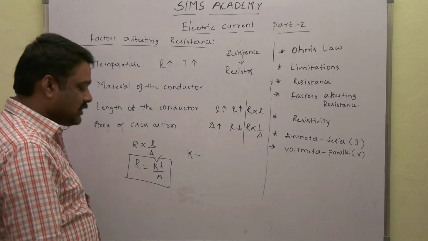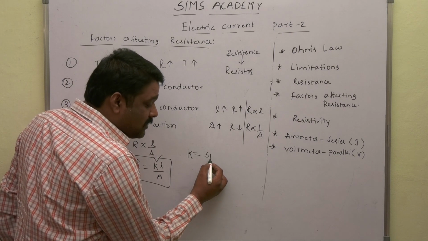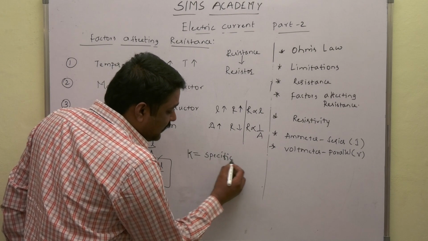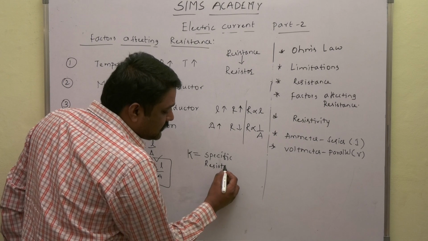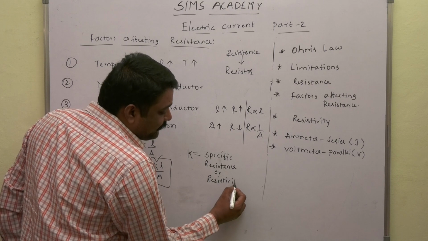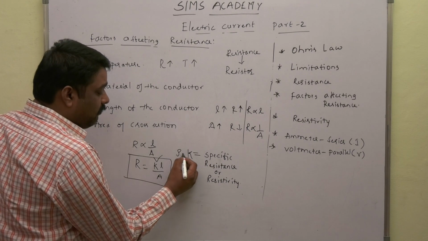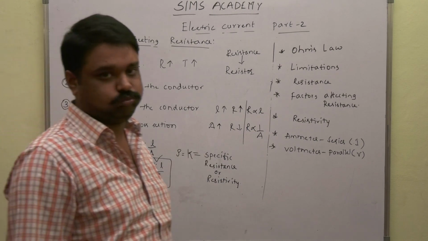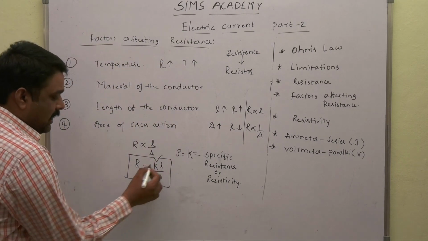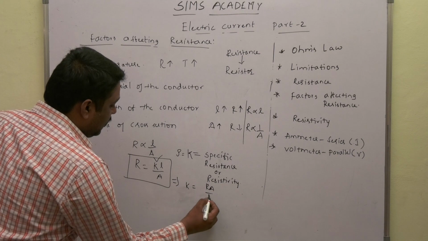That constant is called specific resistance or resistivity. We use the symbol rho for the specific resistance or resistivity. That means if I rearrange, I get rho equals R into A by L.